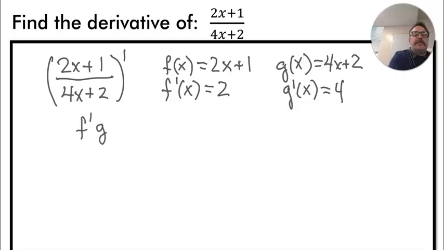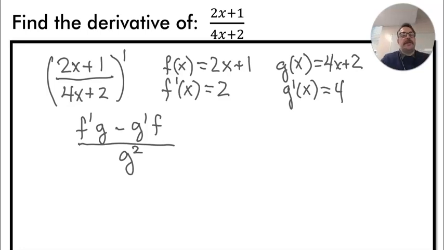So we've got f prime g minus g prime f all over g squared. We don't have to reinvent an entire process, all we're doing is plugging in.